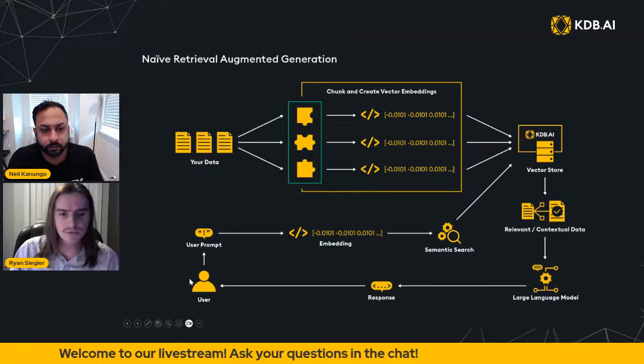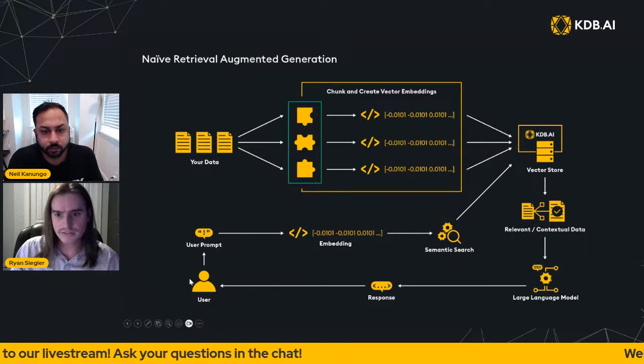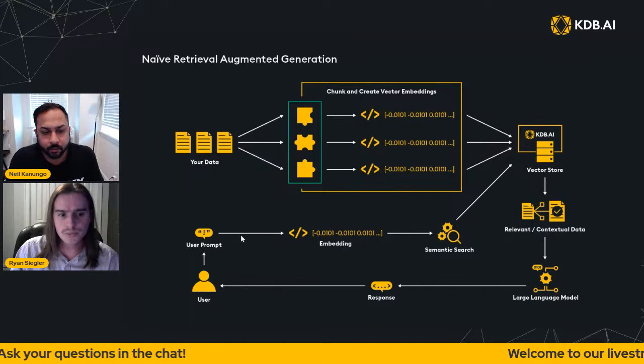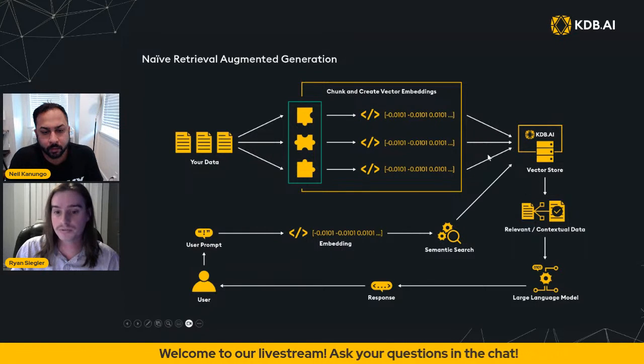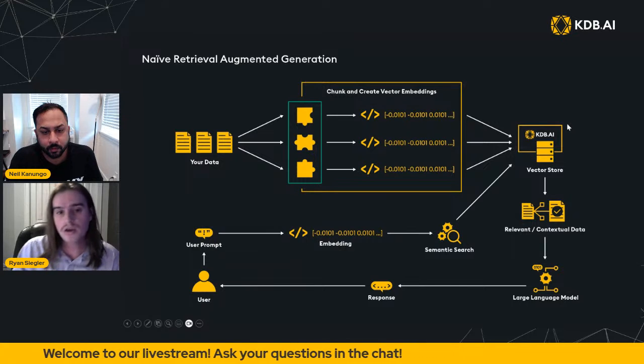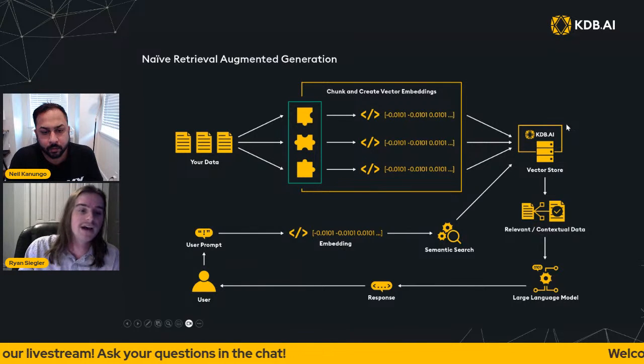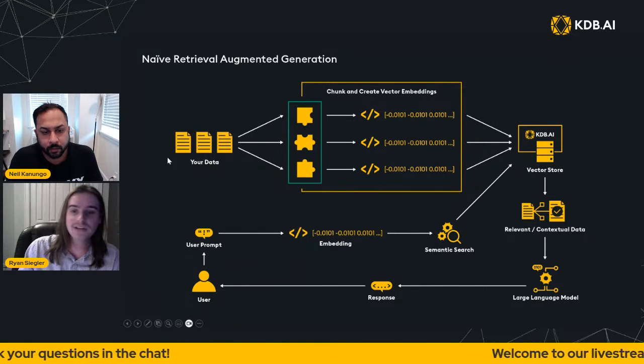So this is a naive approach. And the reason it's called naive is because when the user prompts, it's always passing this user prompt to the vector store to do a semantic similarity search. But the thing is, what if the user is not asking about the data set that's in there?